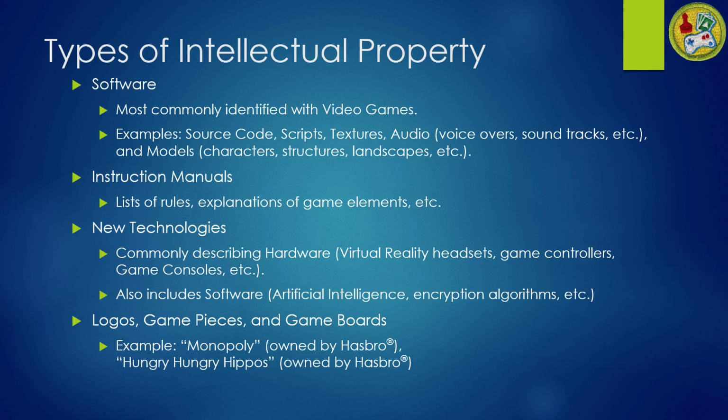They also have unique game pieces and game board layout. Another example is Hungry Hungry Hippos, also owned by Hasbro. In this case, their game board is a unique setup not found in use by any other game, to my knowledge.